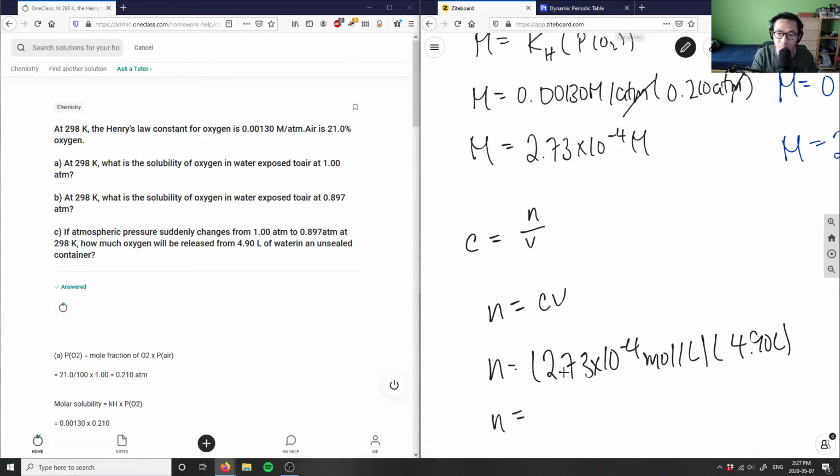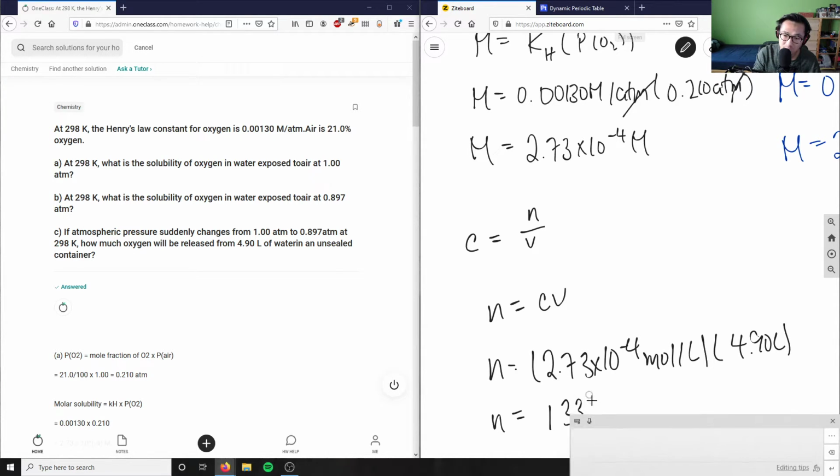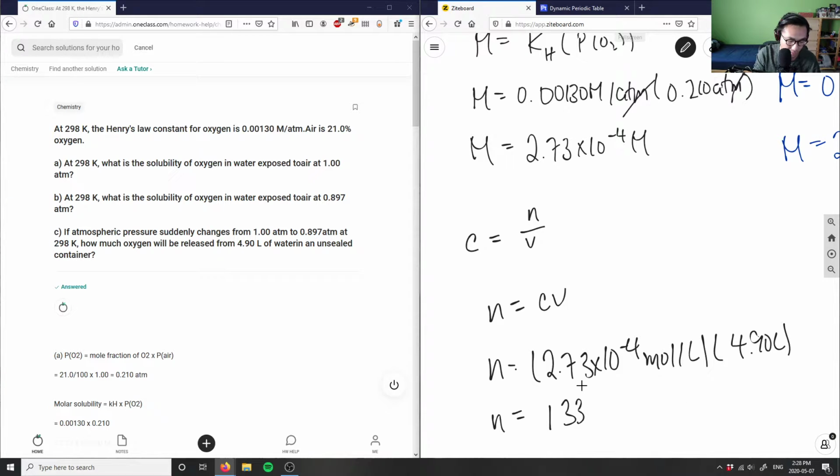This will give me our moles: 2.73 times 10 to the negative 4 times 4.90 gives 1.337. I'll round it to 2 decimal places, so 1.34 times 10 to the negative 3 moles, and this is at 1.00 ATM.